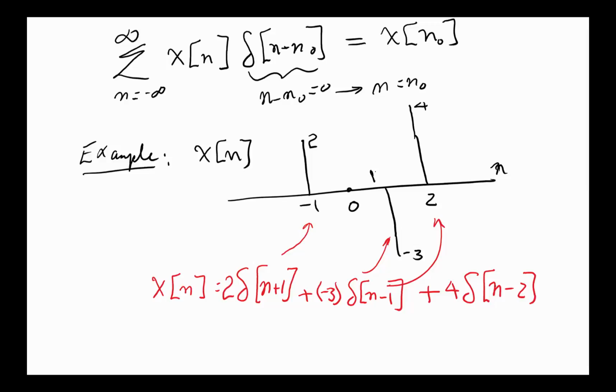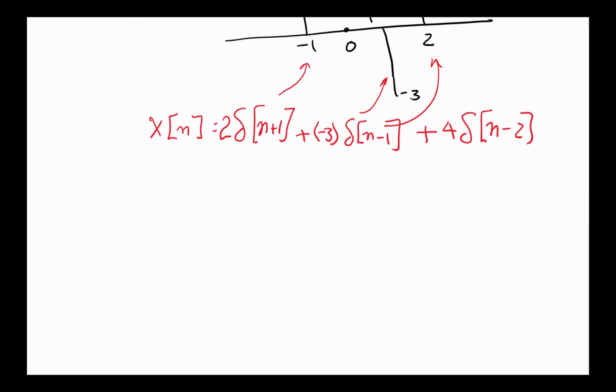Now let's go ahead and move on and take a look at the counterpart for this for continuous time. The behavior of the impulse function in continuous time is very similar to what we just described. It is also represented as delta t instead of delta n, and of course uses parentheses instead of the square bracket, but the definition is fundamentally the same.